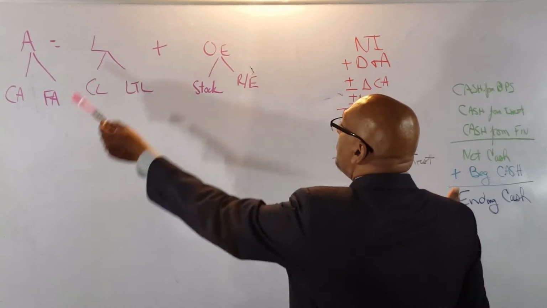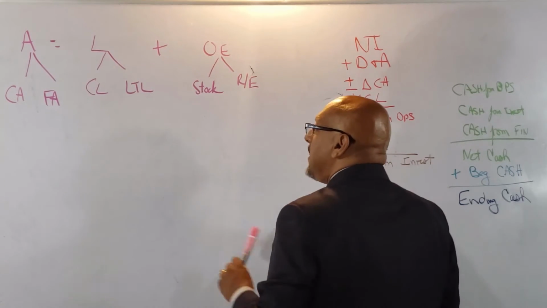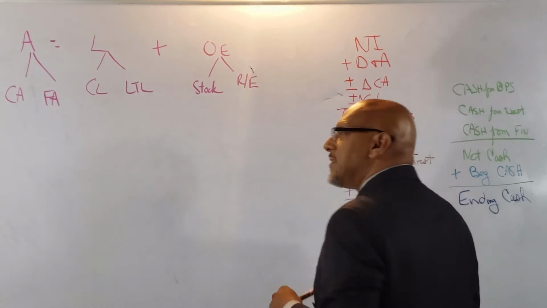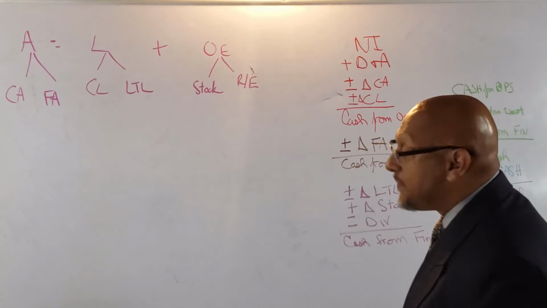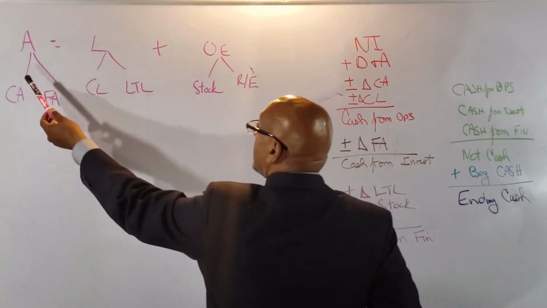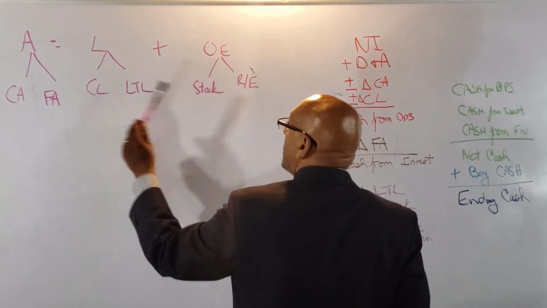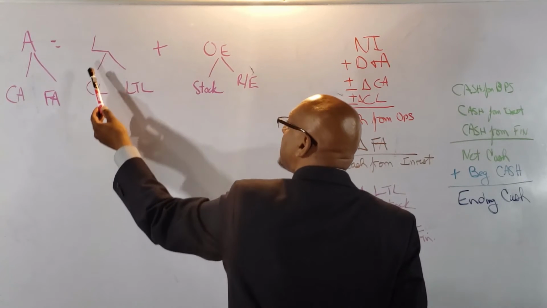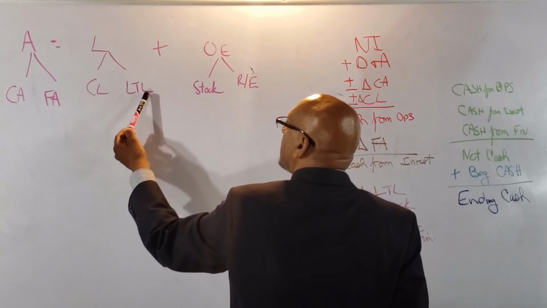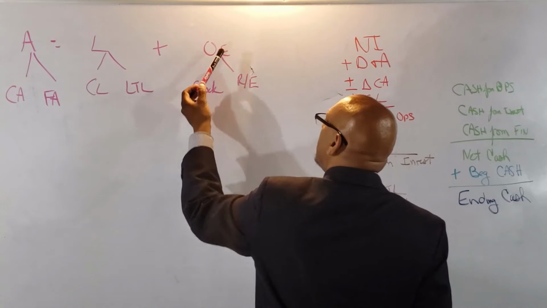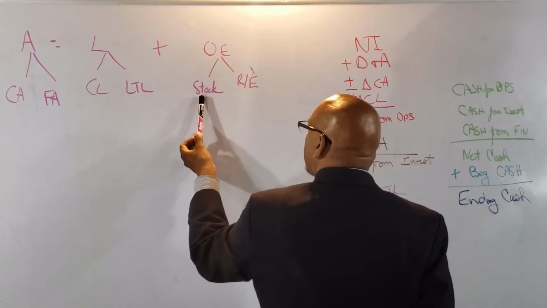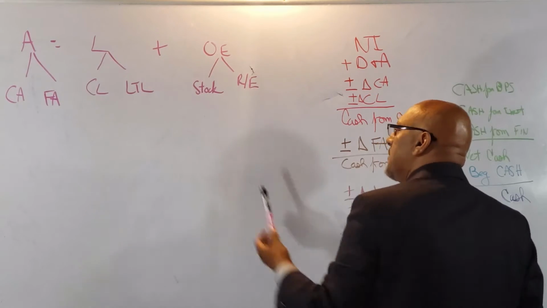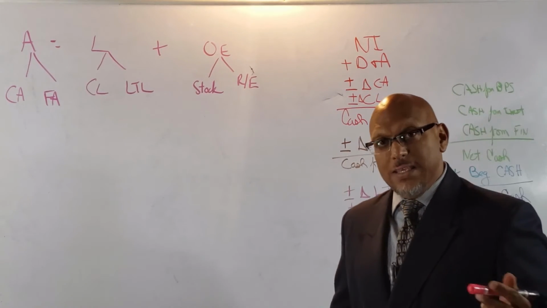So here we have our balance sheet in the fundamental accounting equation format. Assets equals liabilities plus owner's equity. The assets are broken down into current and fixed assets, liabilities broken down into current and long-term liabilities, and the equity broken down into stock and retained earnings, the stock, again as I said, being the capital section.